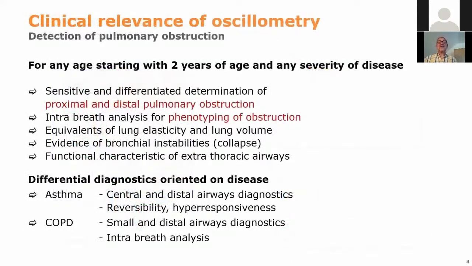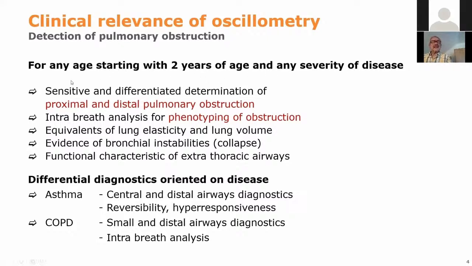So the clinical relevance, and I'd like to summarize why it is useful to apply oscillometry. It's compliant to any age starting with 2 years and any degree of severity of disease. That means even severe disease patients can be measured without problems because they only have to breathe normally.